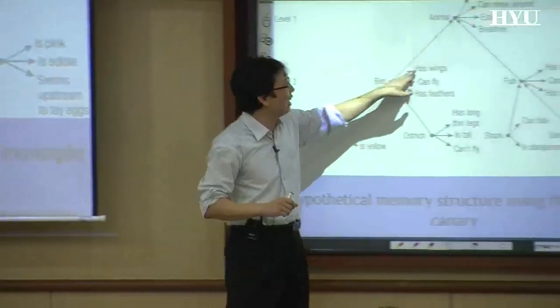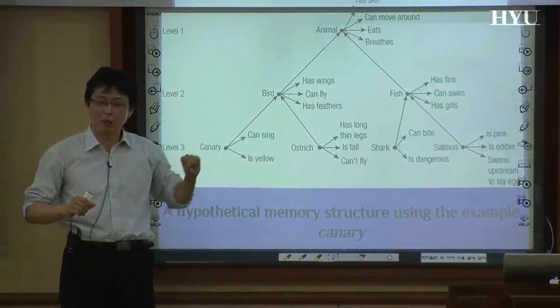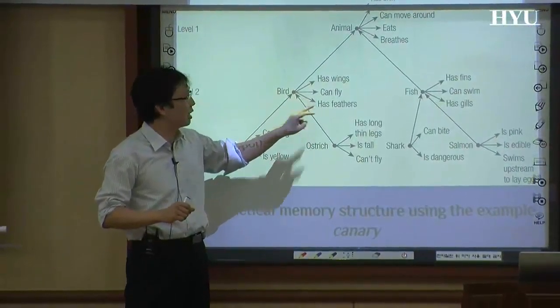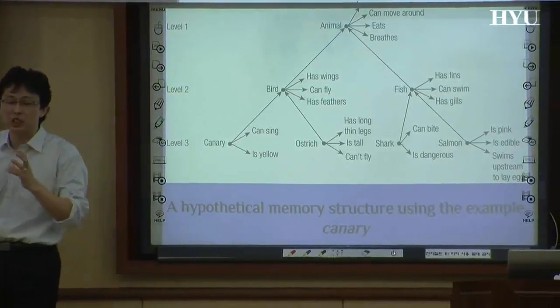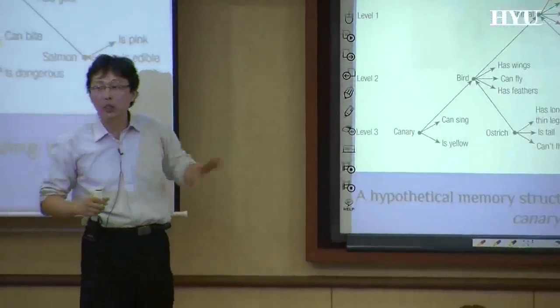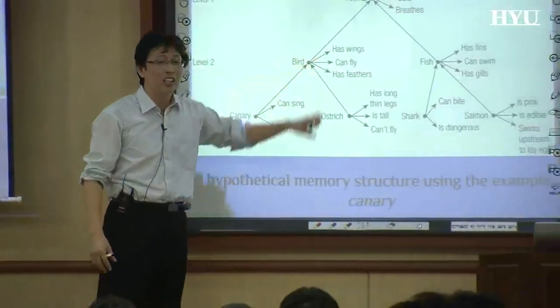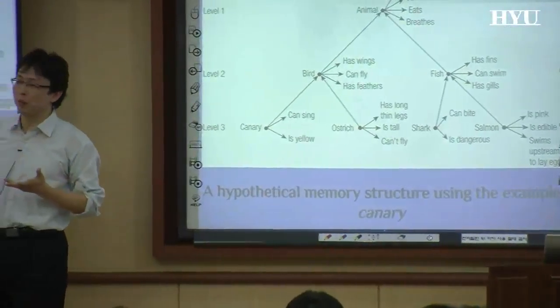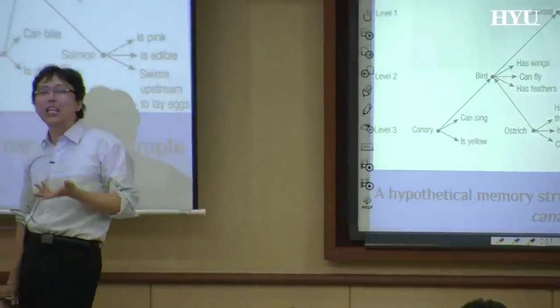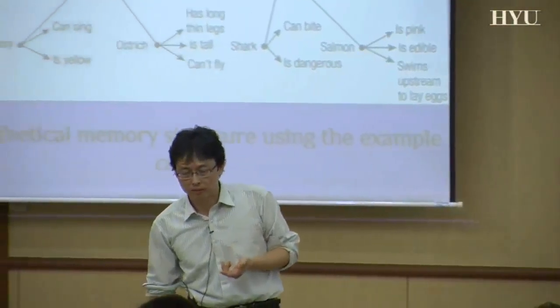Only that is kind of event. Okay, bird has a wing, can fly, and has feather. That is kind of link relationship. Most of the knowledge representation in semantic network doesn't say much about the general nature of knowledge structure.